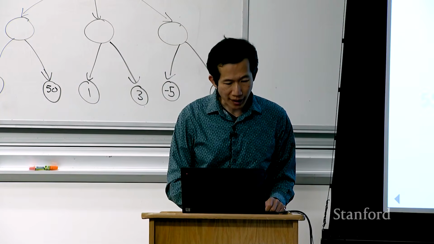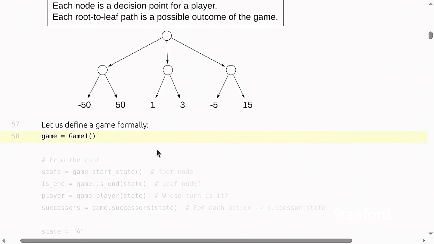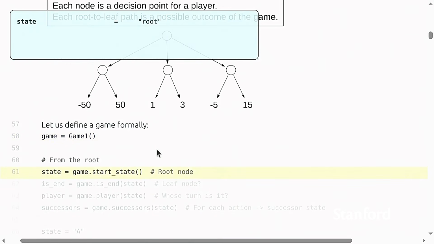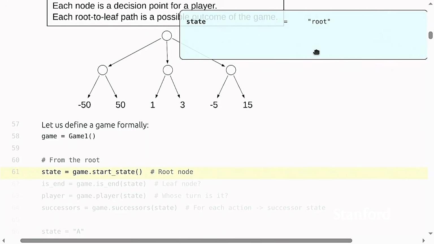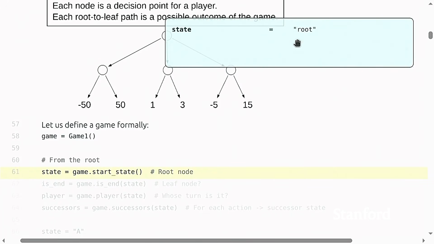Okay, so let's look at this example in more detail. We can define this game formally. A game formally has a start state as before. This is just going to be the string root. At each state, I can call a function to see if the game is over, that's is end, or whether it's a leaf node.